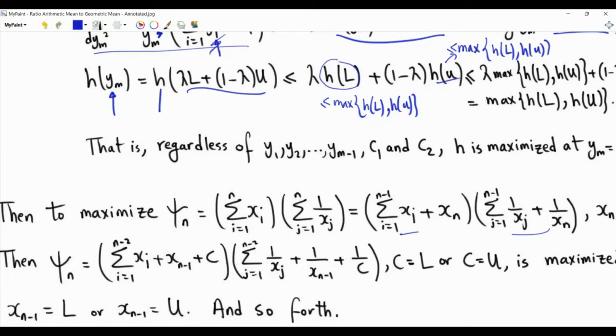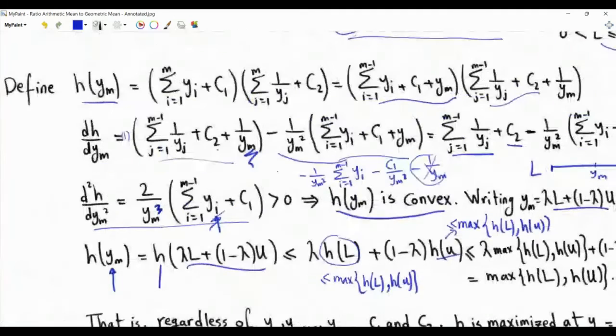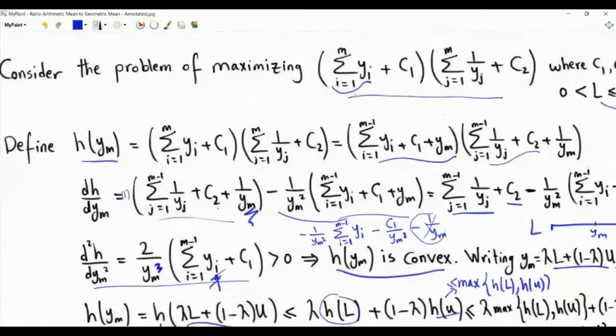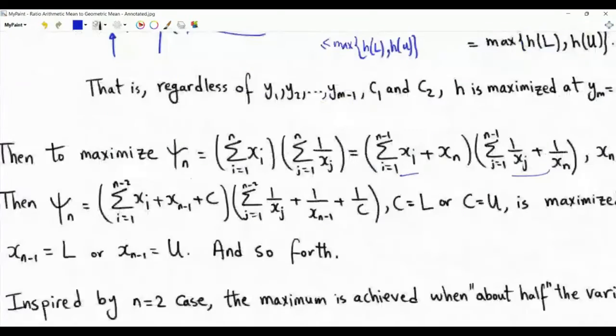So let's suppose that we will put xn equal to big C, and big C can be L or U. Note that also our argument here turned out to be independent of C1 and C2. So whether C is L or U, our argument will work. xn will be equal to C, which is L or U. And now to maximize this with respect to x of n minus 1, we can isolate it.